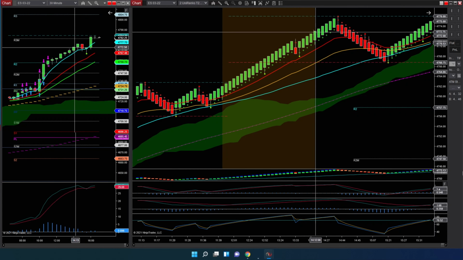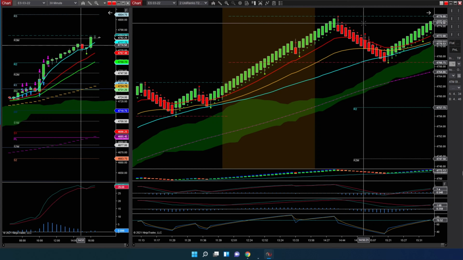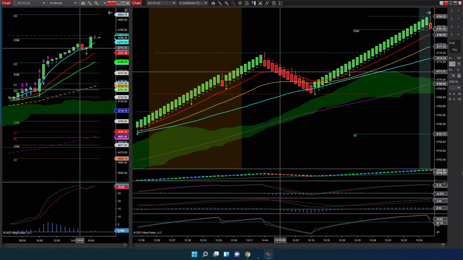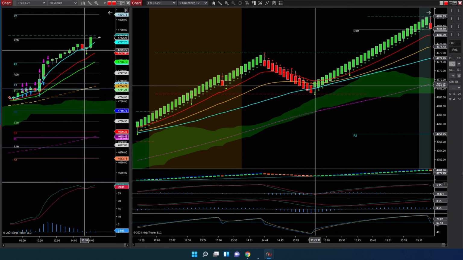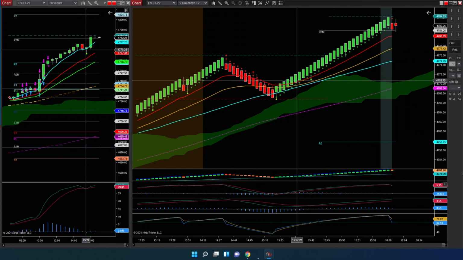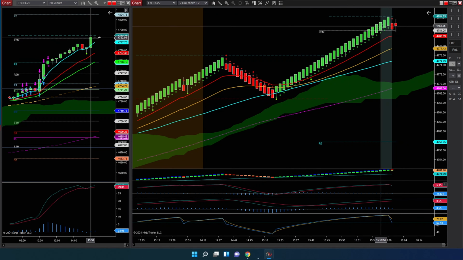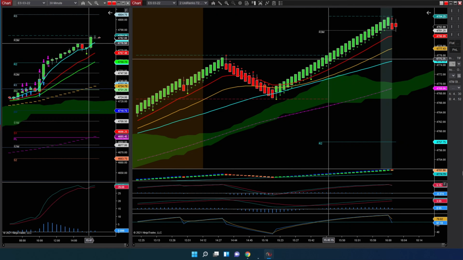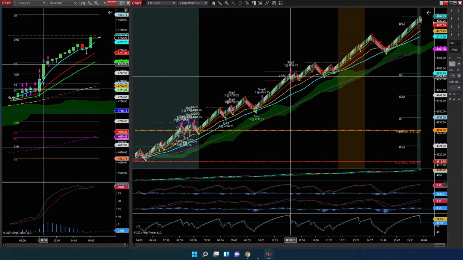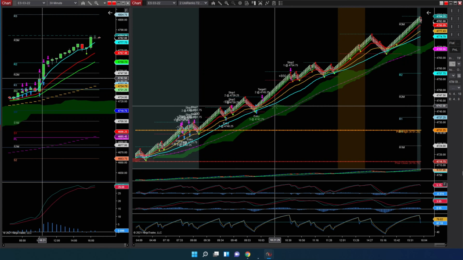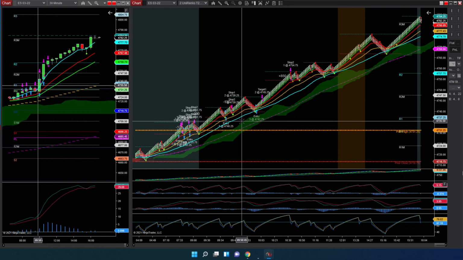Came back, moving up. Came back. This one was a good entry as well in the afternoon, and then moved all the way in a solid move, really, really solid. The day was really, really bullish. I took advantage of only one good trade, recovering from early losses.